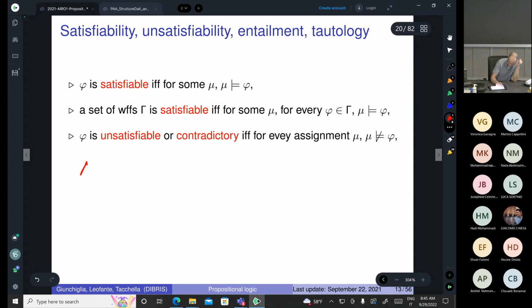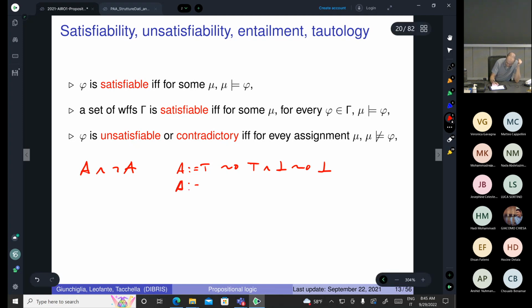So for instance, A and not A. It is easy to see that I'm saying at the same time that something is true and false, and that cannot be the case, right? Because if we try to assign A to true, then the formula becomes true and false, which is clearly false.